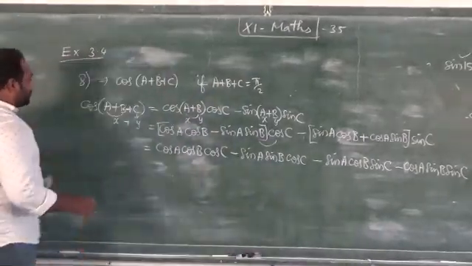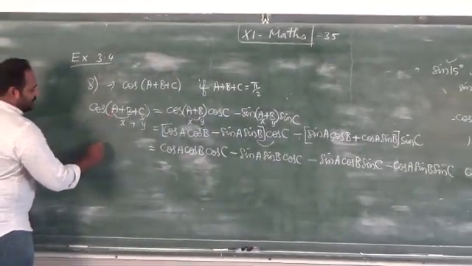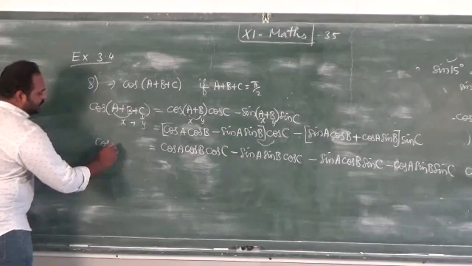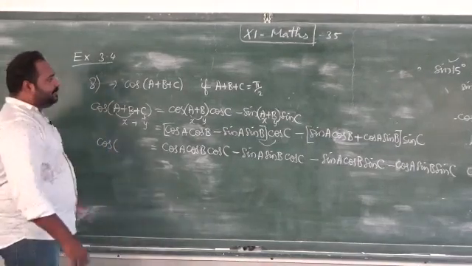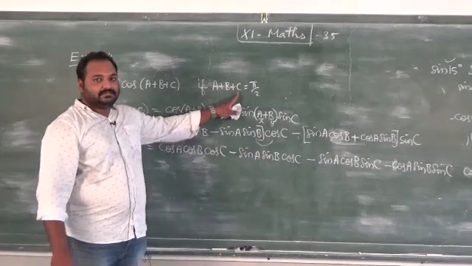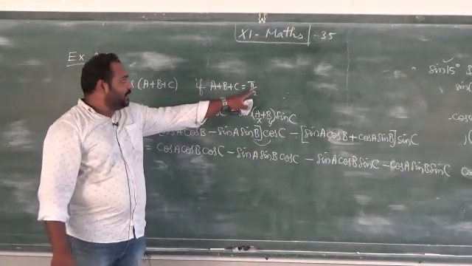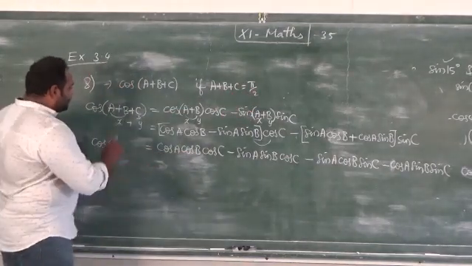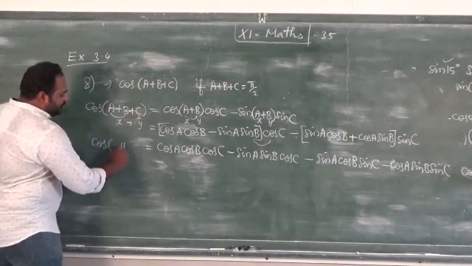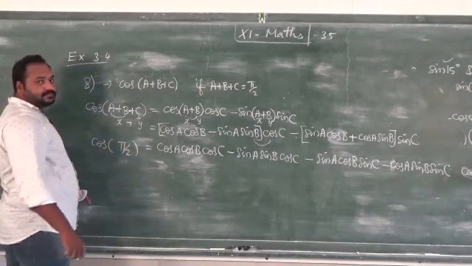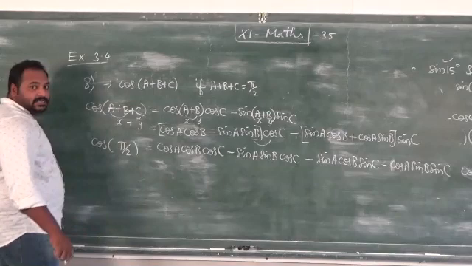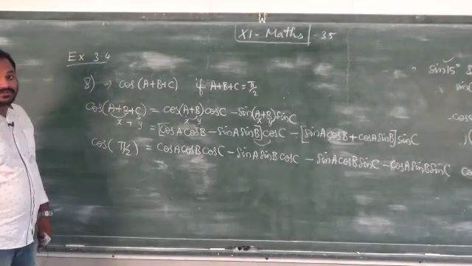So this expansion we are getting. This is cos of a plus b plus c, and the given condition is a plus b plus c equals pi by 12. So instead of a plus b plus c, I am going to write pi by 12 here. The value of cos pi by 12, cos 90 value is 0.